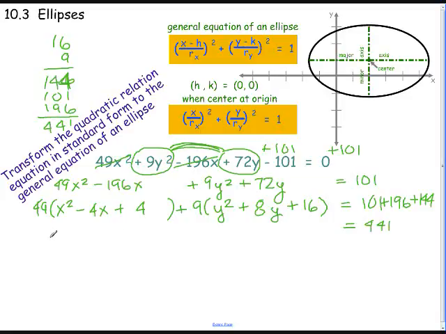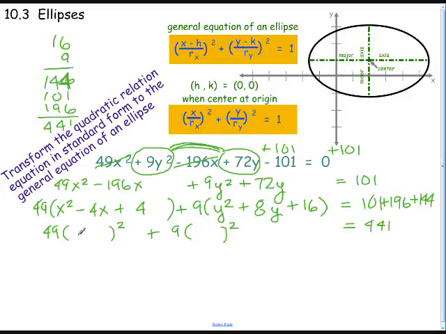So now I've got 49. And the reason I did this perfect square trinomial was so I could get to something like that. Plus, again, perfect square trinomial so I could get to this. Oh, that's not. Undo that. Okay.